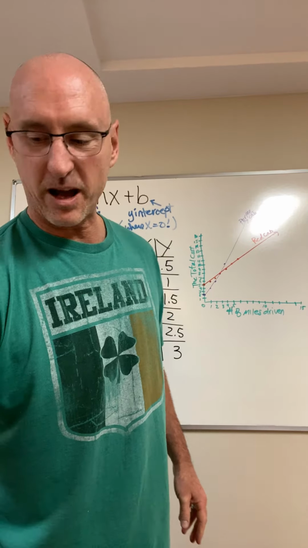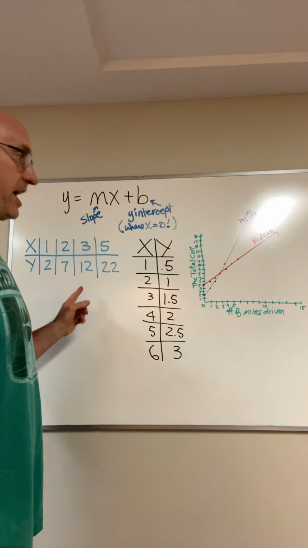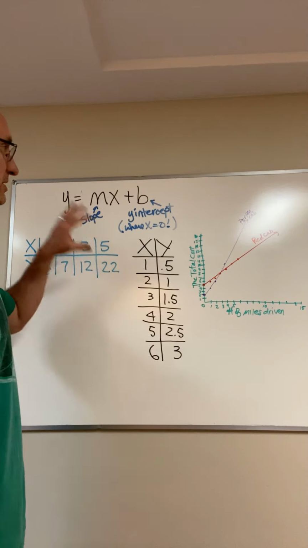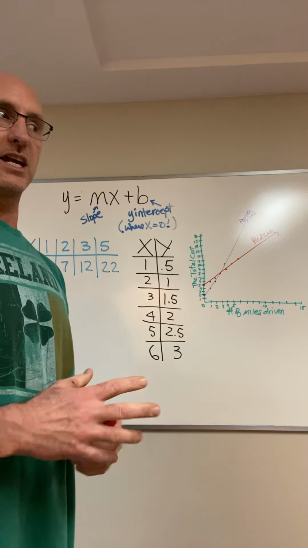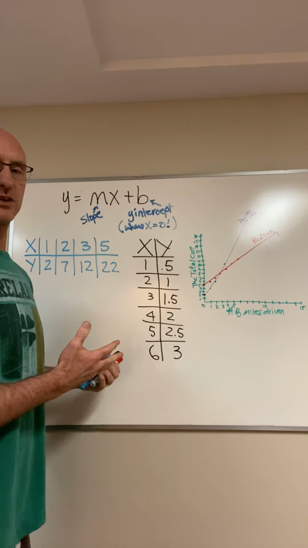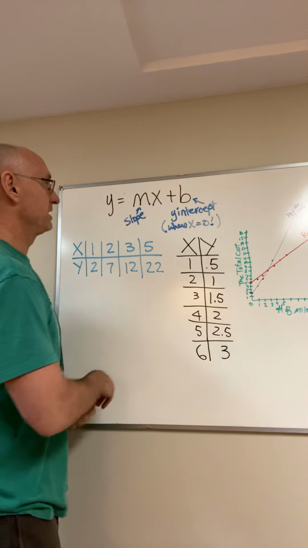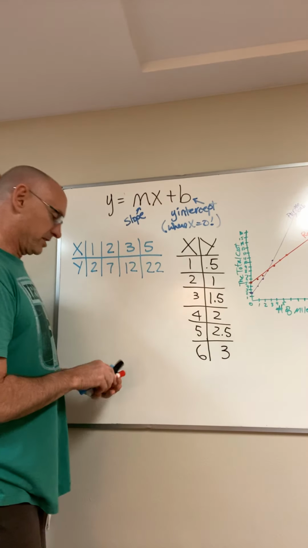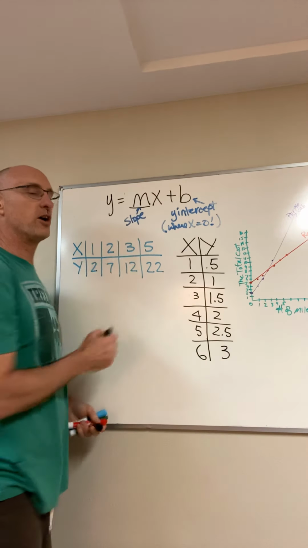Today we're going to talk about how to find slope from tables and graphs and how to build that y equals mx plus b equation. Don't forget, when you're looking at y equals mx plus b, the m part is a blank that you fill in with the slope.